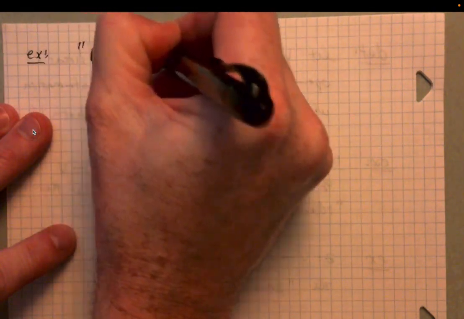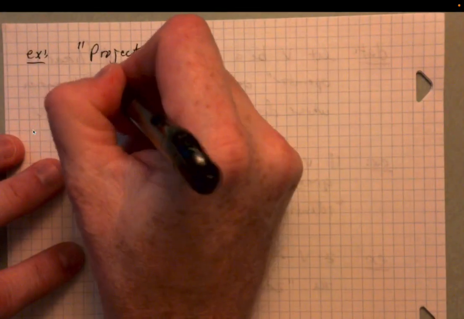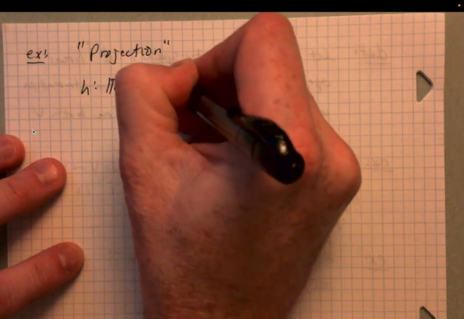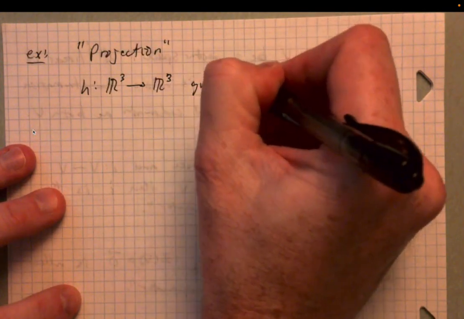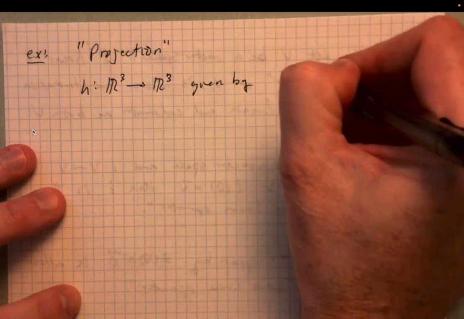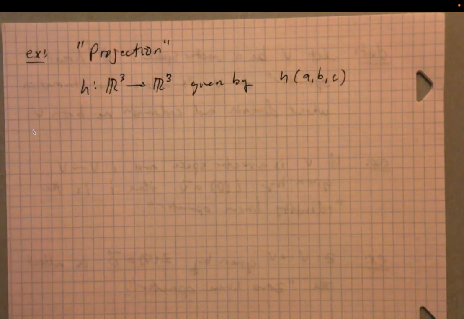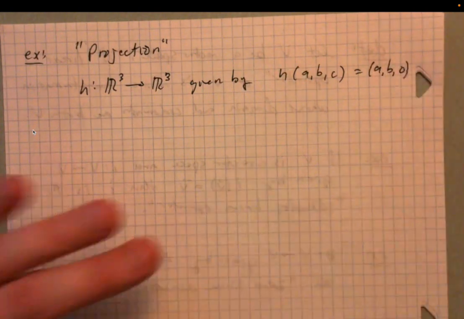Another example of a linear operator is the projection. Consider h on R3 into R3, given by h of (a, b, c). So you start with a vector (a, b, c), and when you apply h to it, it maps to (a, b, 0).